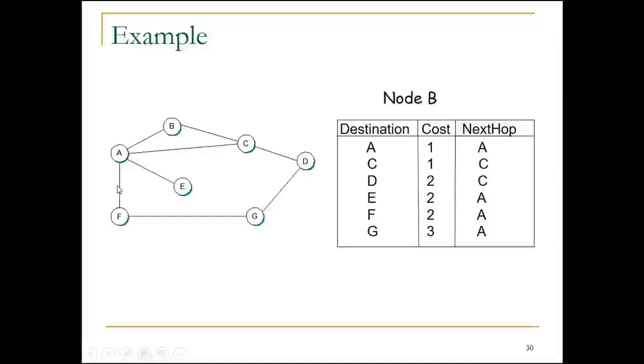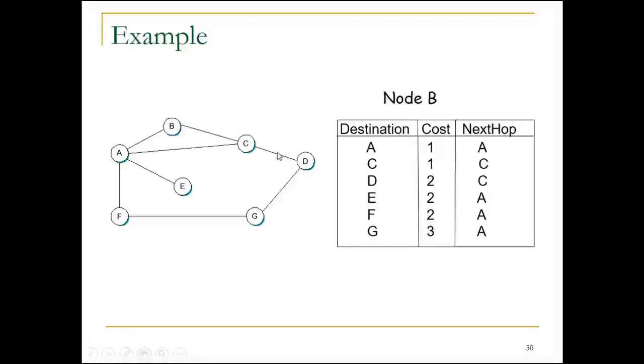When it comes to F, same concept. A will be your next hop with 2 costs. And then when it comes to G, let's look at whether using A, F to G will be much more cost effective as compared to using B to C to D to G. B to A to F, 1, 1, 2, F to G, 1 is 3.